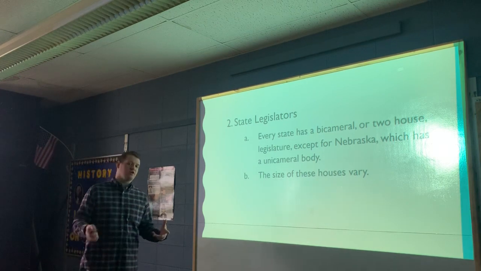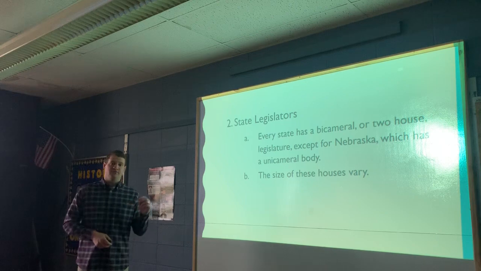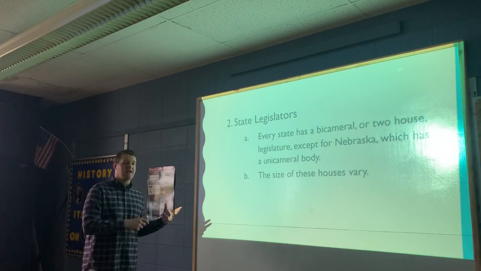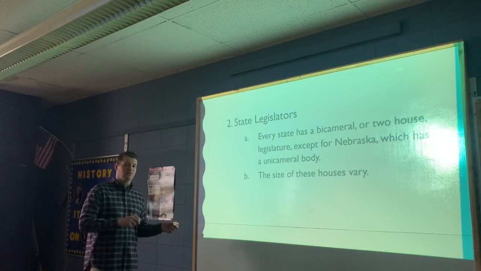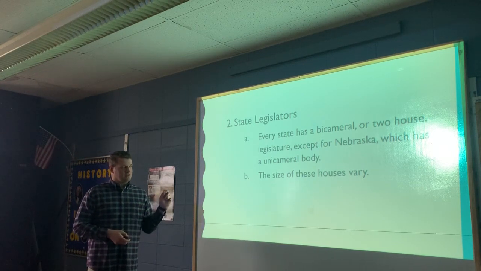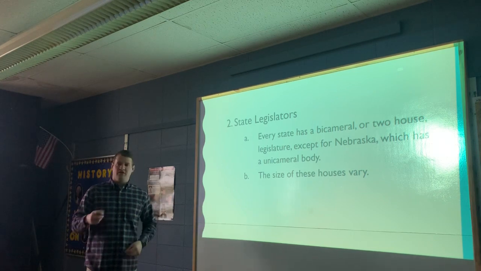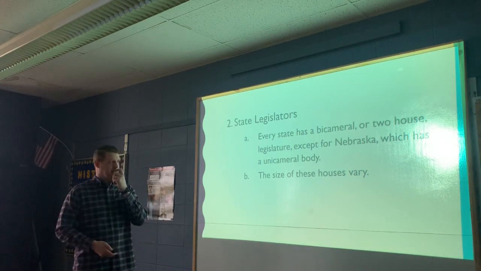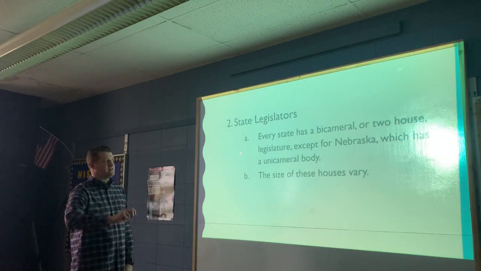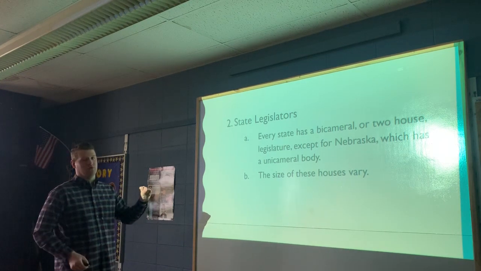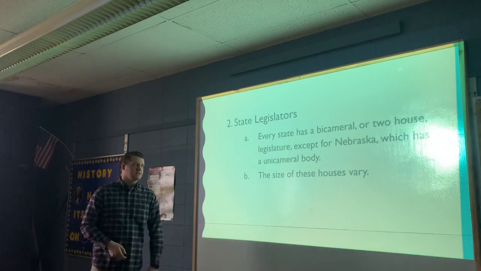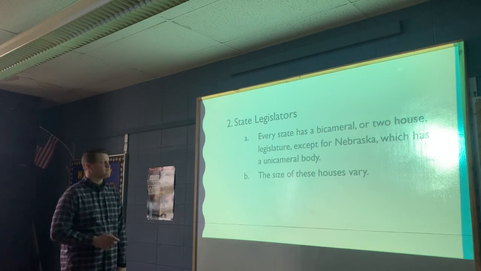Of course, we know nationally the House of Representatives, the representation is based on the population of each state, and then the Senate, every state gets 2, so it's an equal representation per state. So same thing with the state legislatures. It all varies. It's different state by state, and we'll see a few examples in a minute. But the main thing you need to know is that 49 of the states have a bicameral legislative branch. 1 state, Nebraska, has a unicameral body.